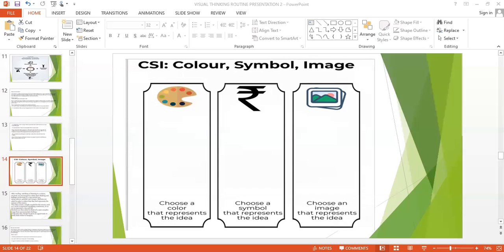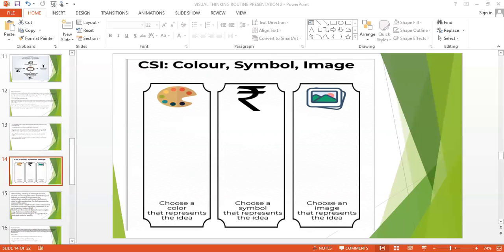After reading, watching or listening to a source, students are encouraged to relate their thinking and feelings on the topic in a non-verbal way using color, symbols and images. Students are asked to select a color that they feel represents the essence of the source.